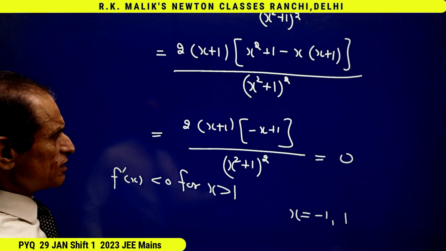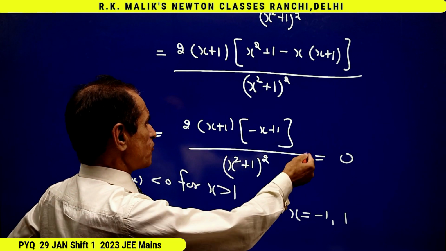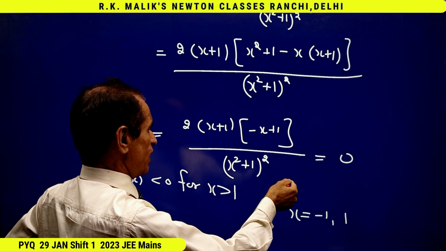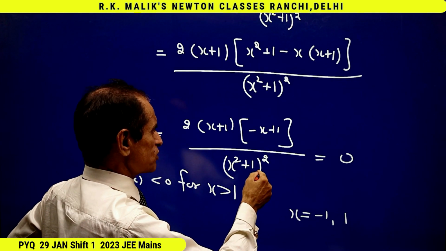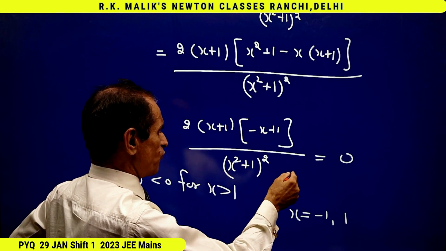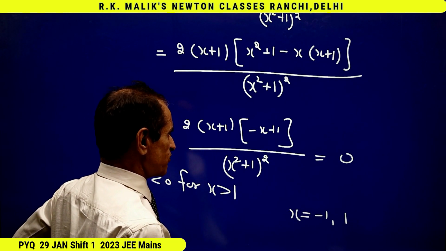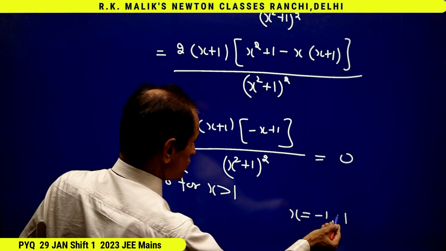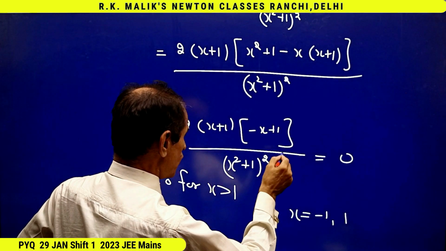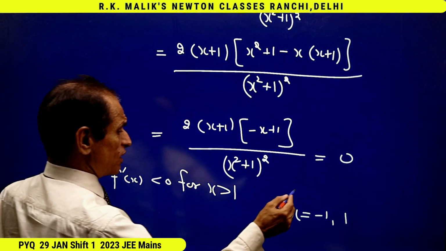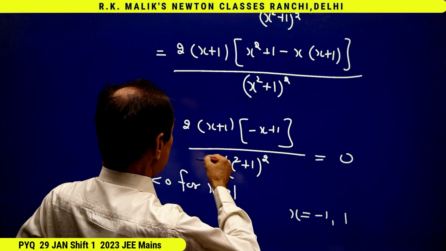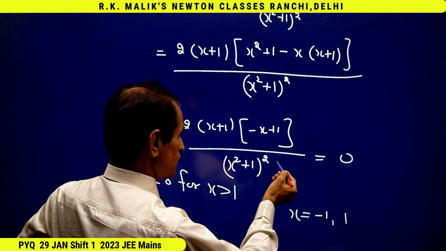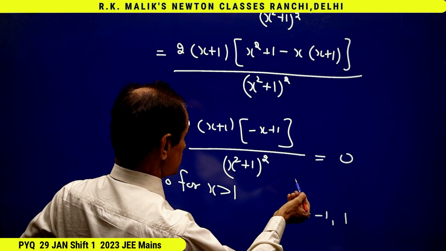And note that it is not required to check the sign of it for x less than 1, because checking the sign of it for x slightly less than 1 is wastage of time, because note that 1 is the root of this only once, and the number which is root of f dash x only once, at that number it is sure that maxima or minima is there.